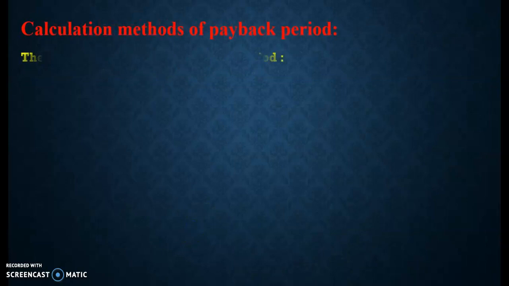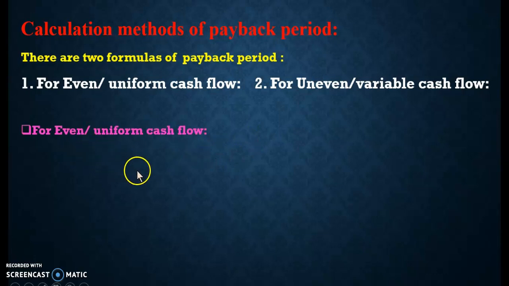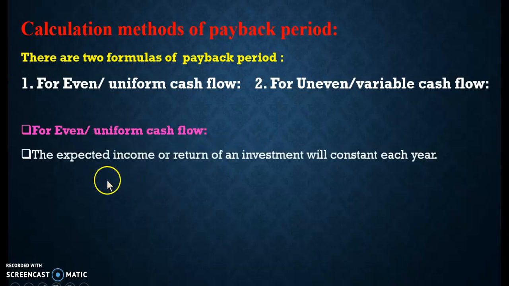Calculation methods of payback period. There are two formulas of payback period: one for even or uniform cash flows, another for uneven and variable cash flows. Uniform cash flows mean the expected return of an investment is constant each year.